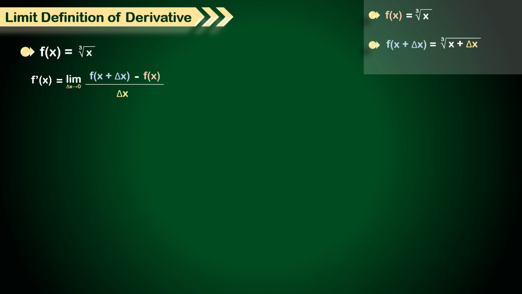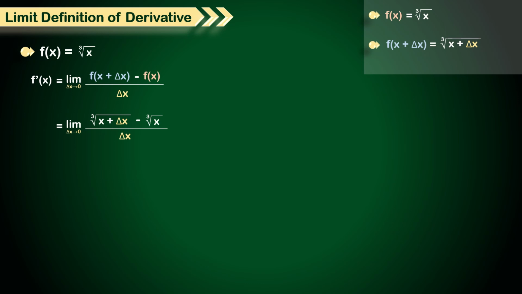Substitute each into the definition of the derivative. Limit of f of x plus delta x, which is the cube root of x plus delta x, minus f of x, which is the cube root of x, over delta x as delta x approaches 0.